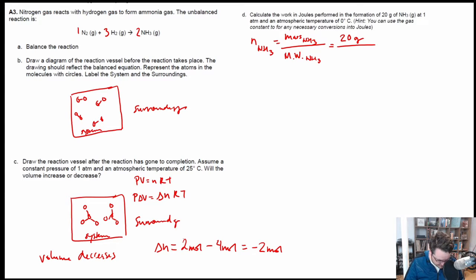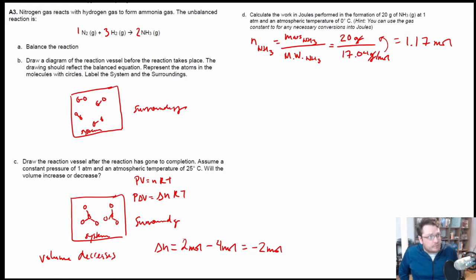That's going to be 14.01 plus 1.01 times 3, which comes out to 17.04 grams per mole. Grams cancel, mole goes up top. What we get is 20 divided by 17.04, which comes out to 1.17 moles. So that's how many moles of ammonia we're forming in this case.